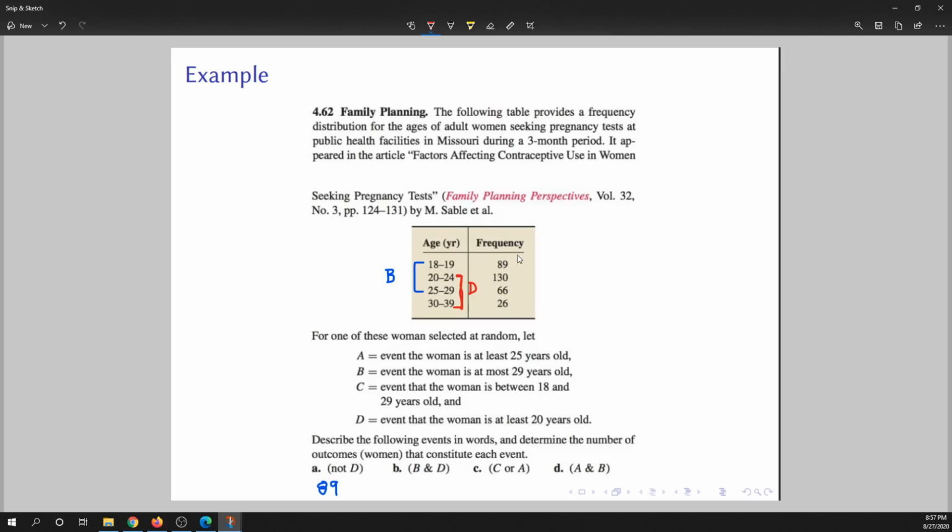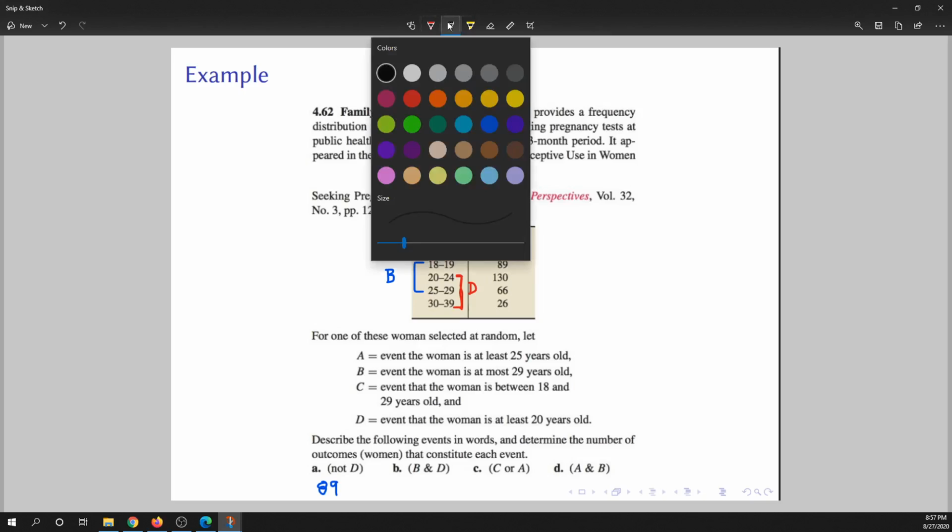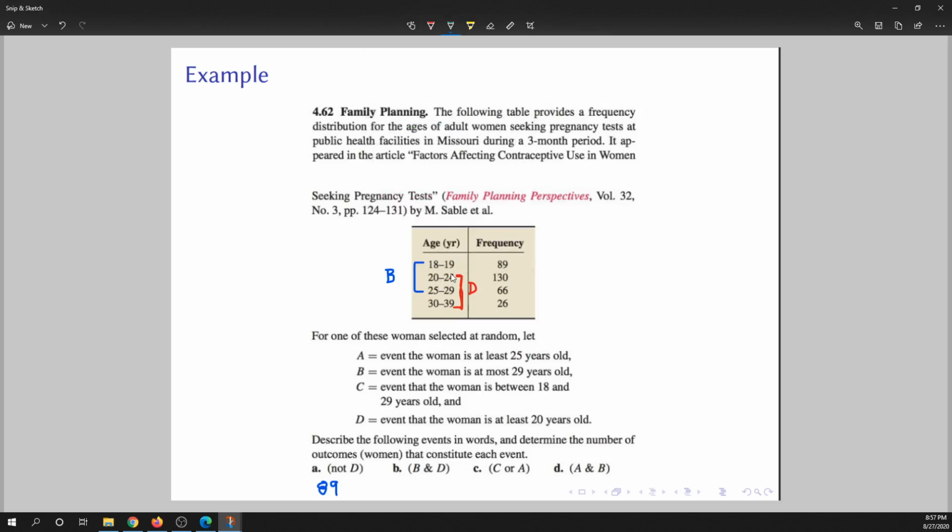It's not really reasonable to list out everybody in the event. So the next best thing is to calculate the number of elements in the events. Okay, so B and D is going to be what is common to both B and D, right? And so that is going to be these two right here.